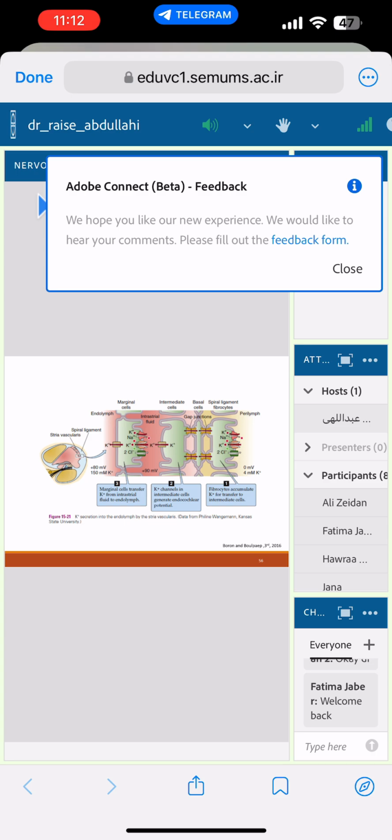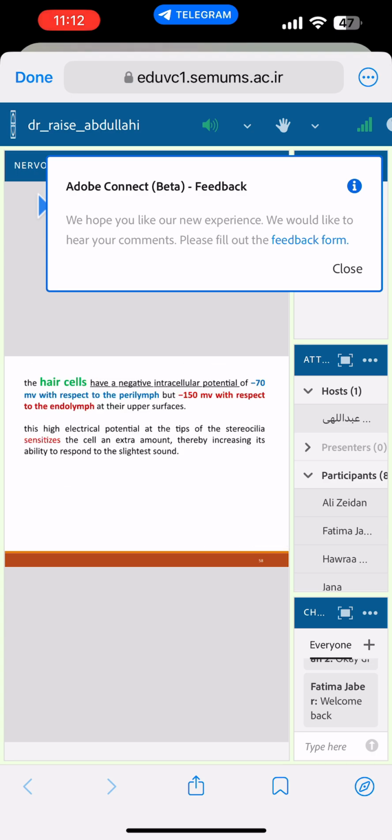Okay, this high electric potential at the tips of the stereocilia sensitizes the cell an extra amount, thereby increasing its ability to respond to the slightest sound.